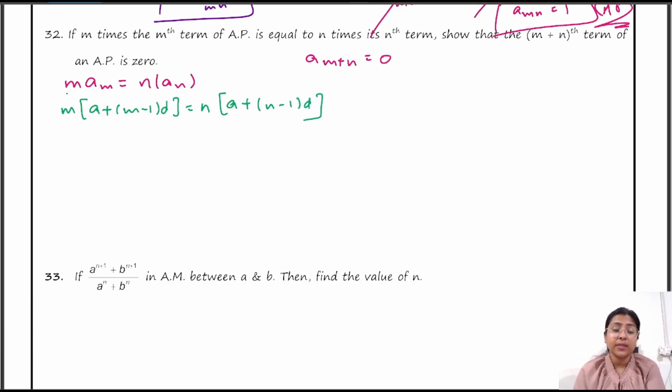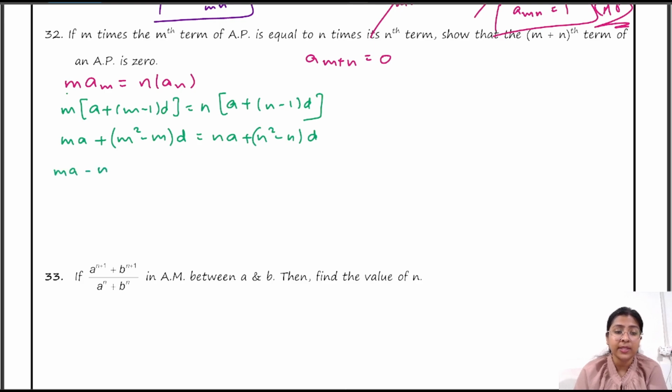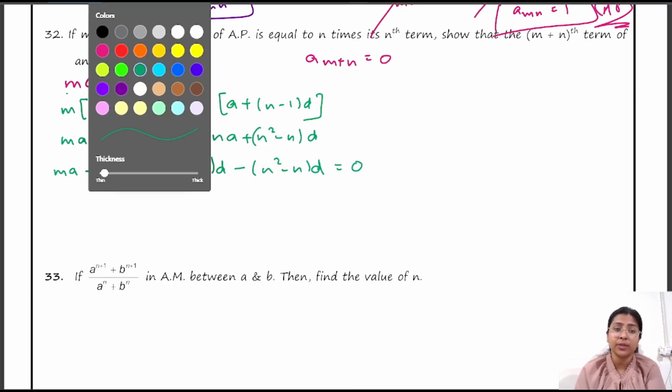Okay, now we are simplifying this, so we will get ma plus m square minus m into D is equals to na plus n square minus n into D, taking all the terms to the LHS. So you will have ma minus na plus m square minus m into D minus n square minus n into D is equal to 0, because all the terms are shifted to the LHS.